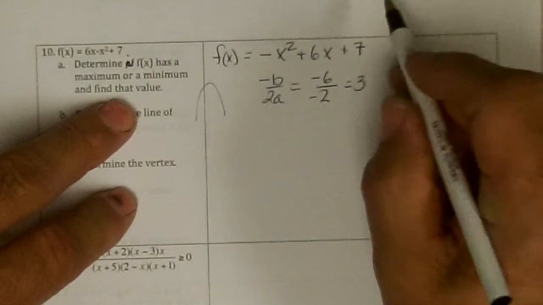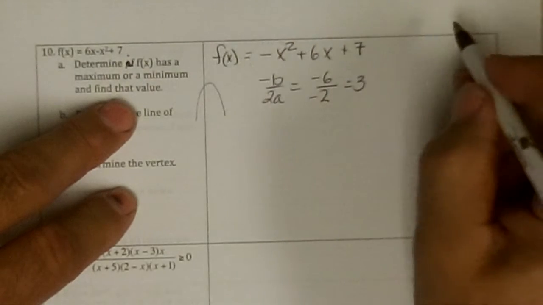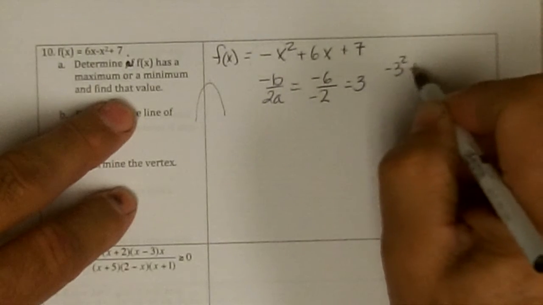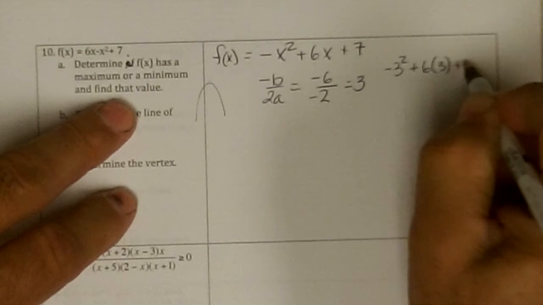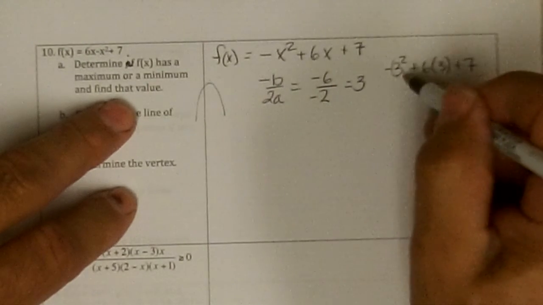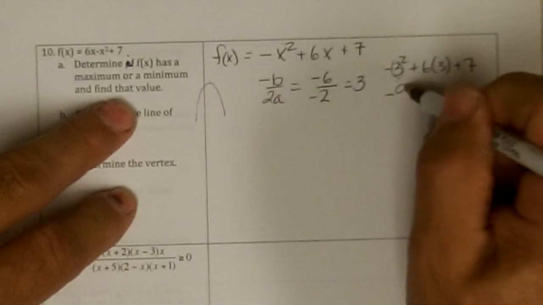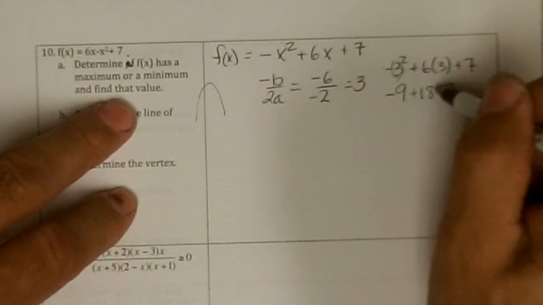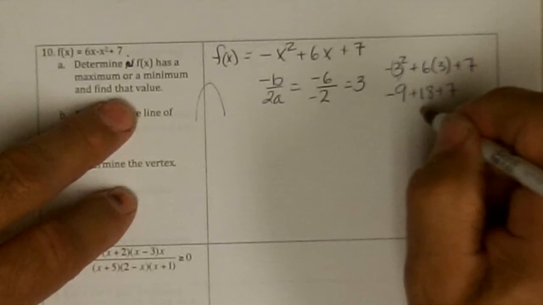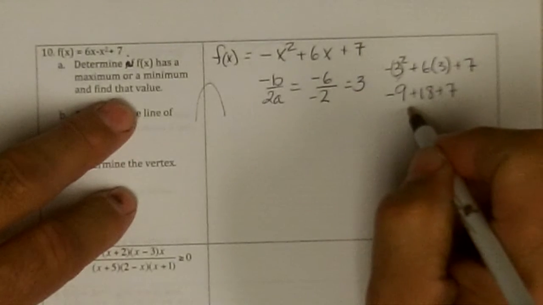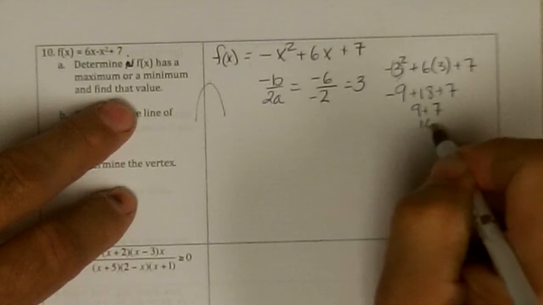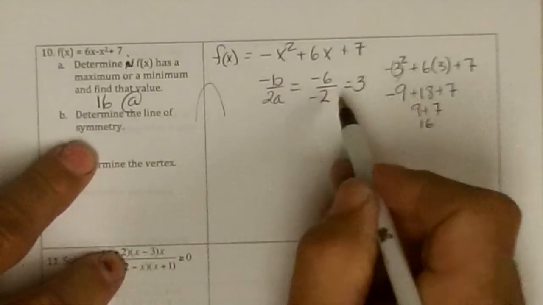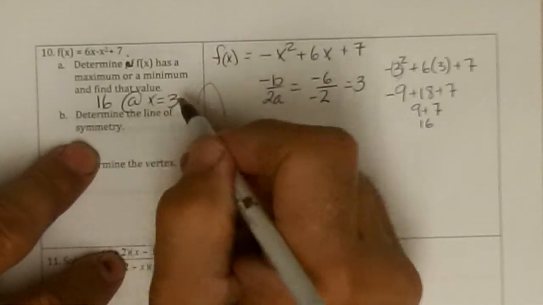The value would be found by plugging 3 in, and so if we do that, we get negative 3 squared plus 6 times 3 plus 7, so that's negative 9 plus 18 plus 7, so that's 9 plus 7 or 16. So it has a maximum value of 16 at x equal 3.